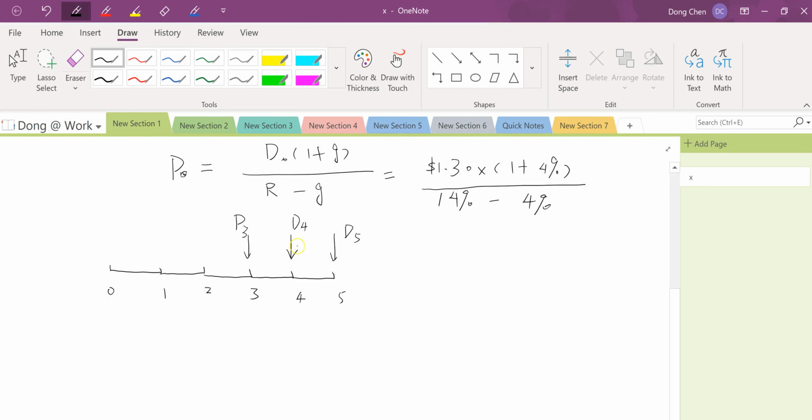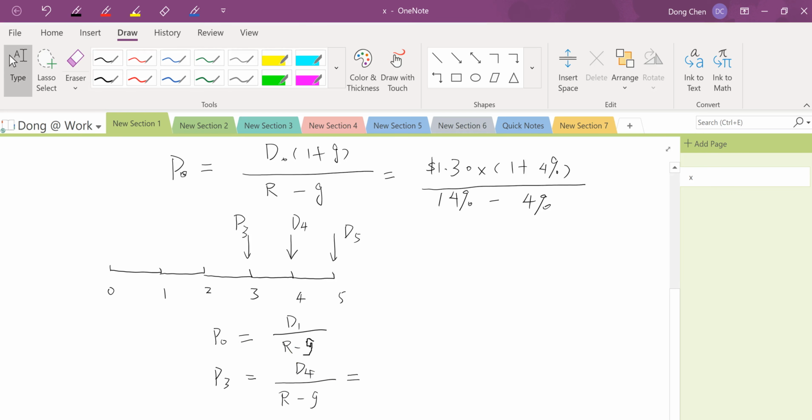So now if we use that same formula, right, P0, apply that formula, here P0 equals D1 over R minus G. So P3 equals, yeah, because this is 1 year difference, this must be D4 over R minus G. So, and then how do we get D4?